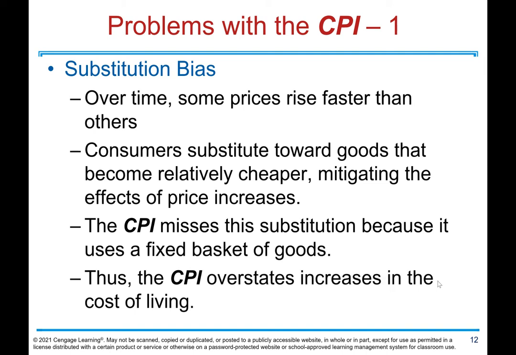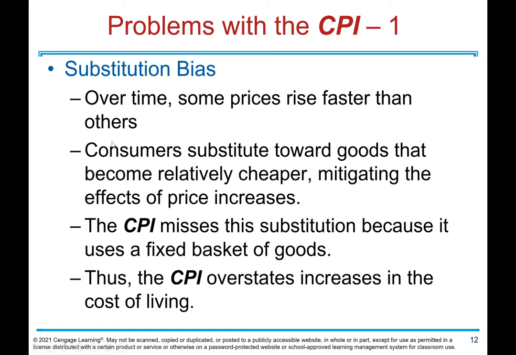Problems with the CPI. There is substitution bias. Over time, some prices rise faster than others. Consumers substitute towards goods that become relatively cheaper, mitigating the effect of price increases. The CPI misses this substitution because it uses a fixed basket of goods, and thus the CPI overstates increases in the cost of living.